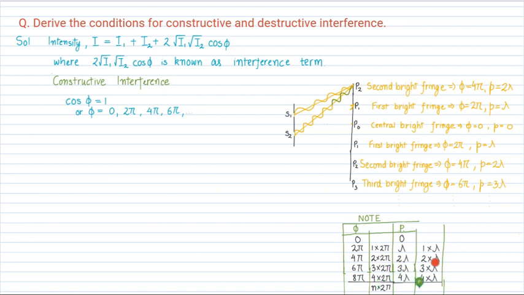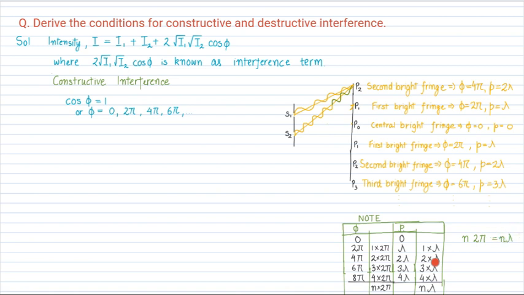Can you see? This n times 2 pi and n times lambda correspond to the same value here. Fine. So let me just write down here: n times 2 pi equals n times lambda.